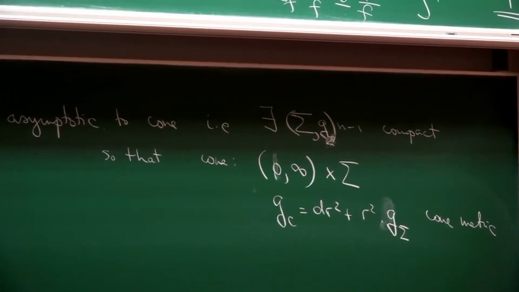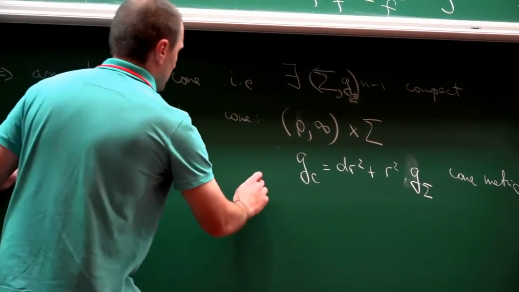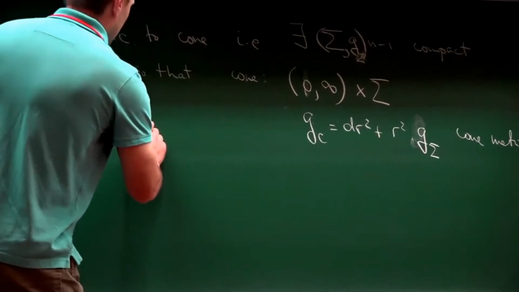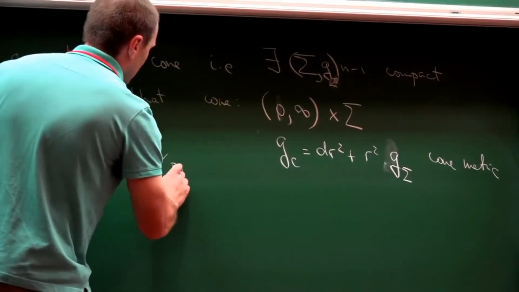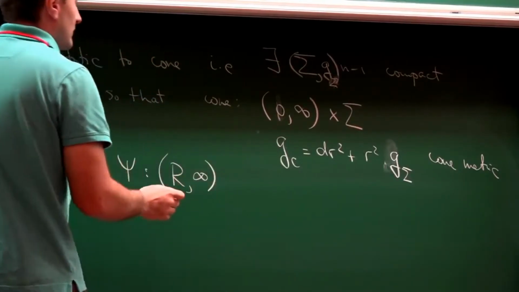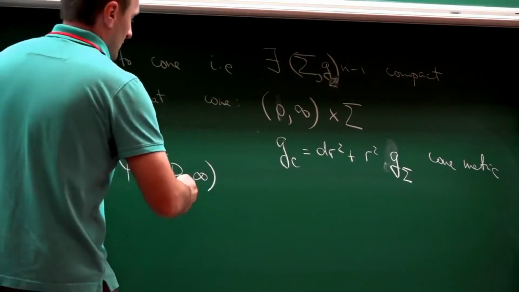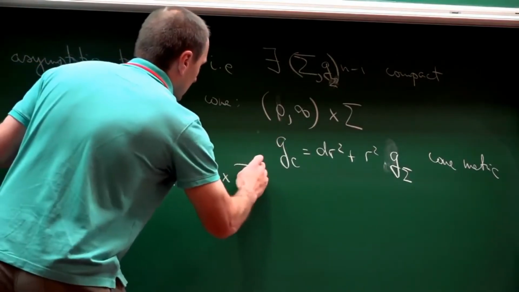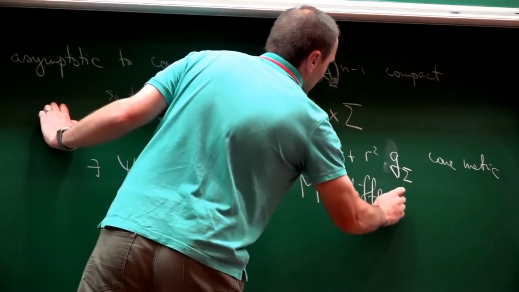So this has to be asymptotic to M, in the following sense. This is asymptotic to M in the sense that there exists a function from the cone. Well, it will be asymptotic at infinity, so this will happen outside a compact set into M. This is a diffeomorphism.